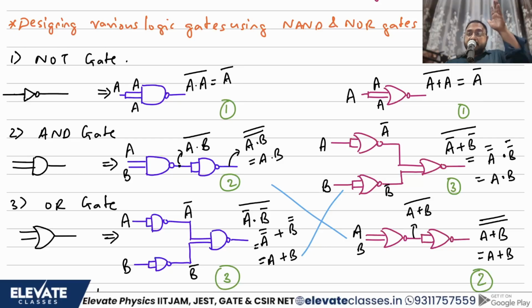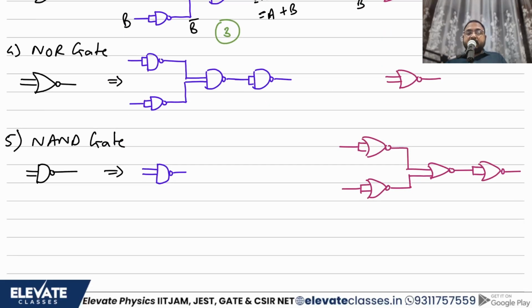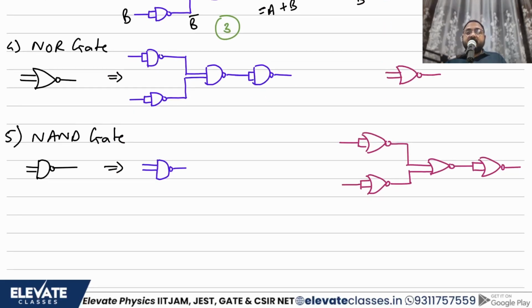So if you remember the shape for NAND, you'll be able to do it using NOR gates immediately in the exam. So you won't take any time. That's why I have done this side by side. So see, two gates over here, two gates over here, three gates over here, three gates over here. This will be extremely useful in competitive exams. However, coming back to our original topic, we have to now go on to design NOR gates using NAND gates.